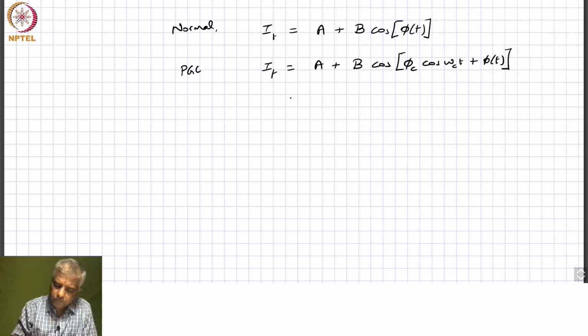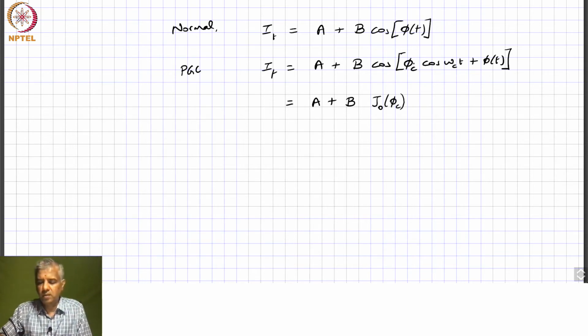So, this can be expressed as A plus B times, so you have a zeroth order Bessel function. So, that is J naught of phi c, depends on the strength of this carrier, right. How much phase fluctuation you are introducing, that is totally up to your control.